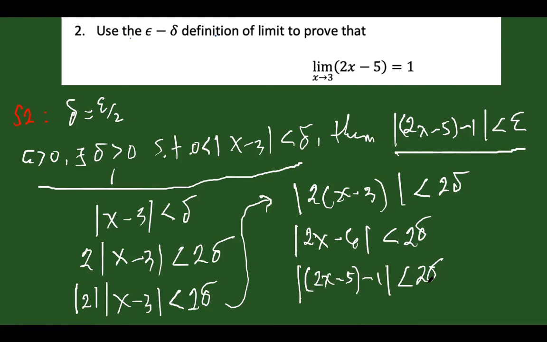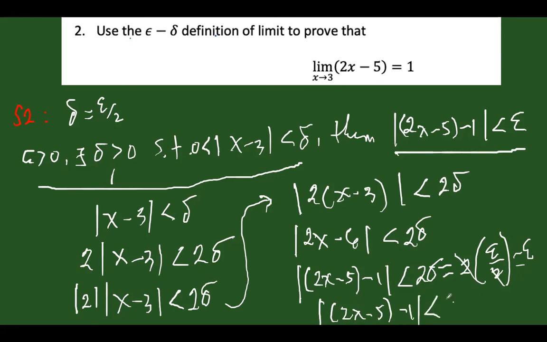So what do we do with this 2 delta? We know that delta is equal to epsilon over 2. So we can substitute the value of delta here: 2 times epsilon over 2, and I could cancel out 2, and this becomes epsilon. So we can write this as the absolute value of 2x minus 5 minus 1 less than epsilon.